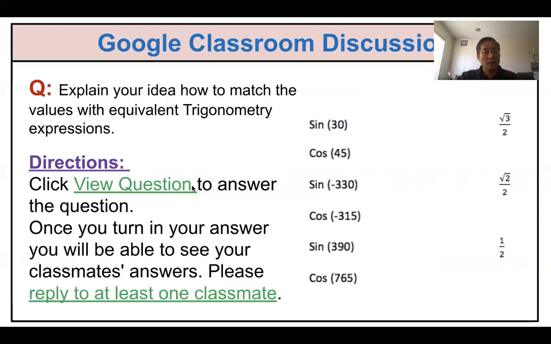Then in the Google Classroom, explain your idea of how to match these values. I just showed how to use the calculator and these values. I don't want to give the answer, but I already gave you the hint. Can you try and answer it?